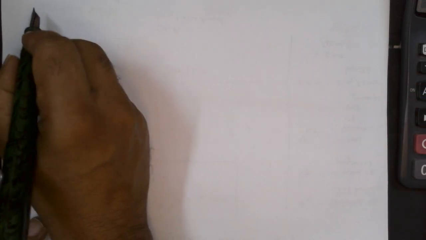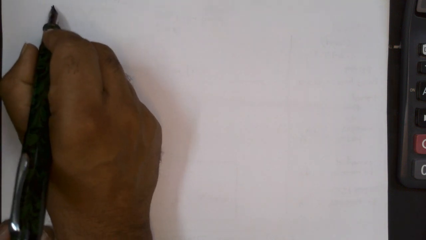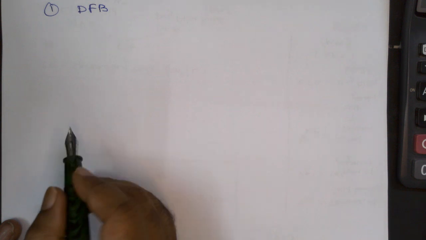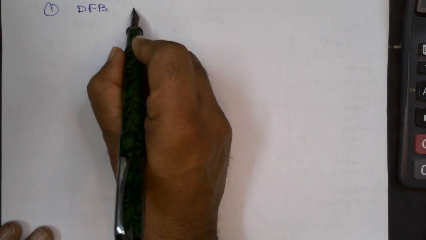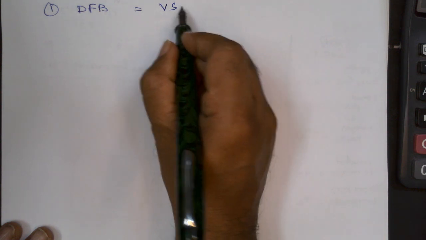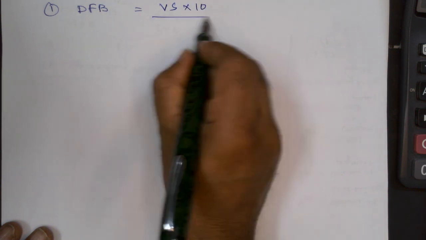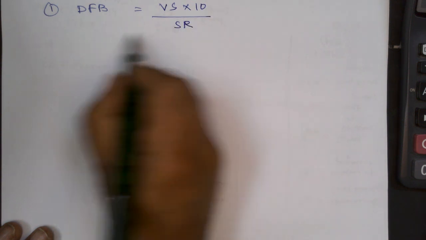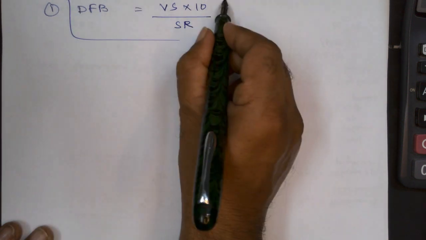Let us consider the first equation to measure the dry film build. DFB. How can you measure the dry film build? You can use this equation, that is volume solid into 10 divided by spreading rate. So this is a very important equation.